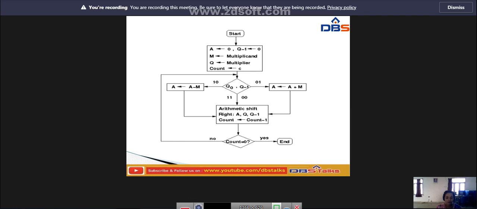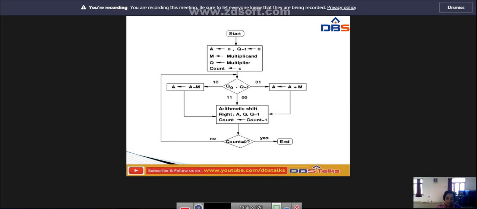The two bits of the multiplier, Qn and Qn plus 1, are inspected. If the two bits are equal to 10, it means the first one in a string of ones has been encountered. This requires subtracting the multiplicand from the partial product in AC.